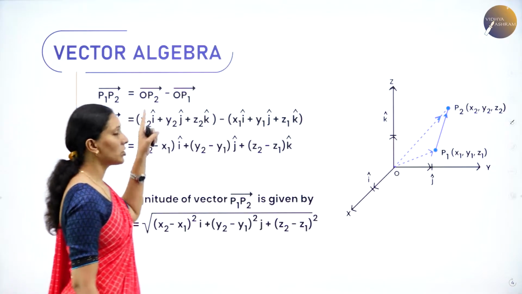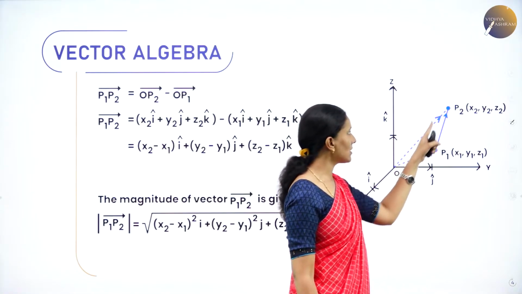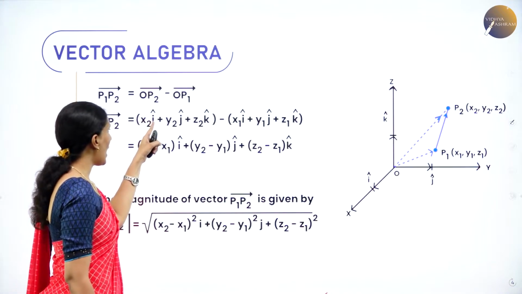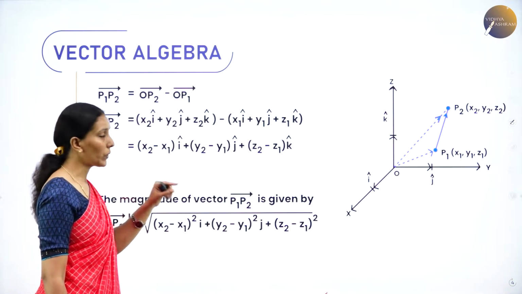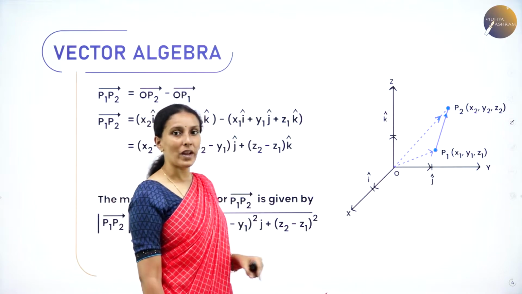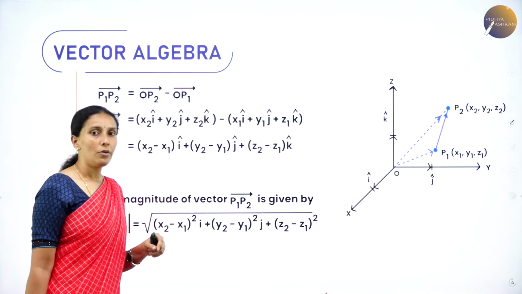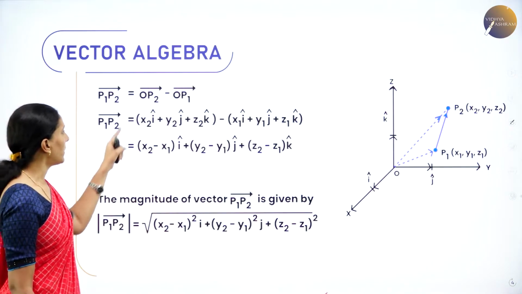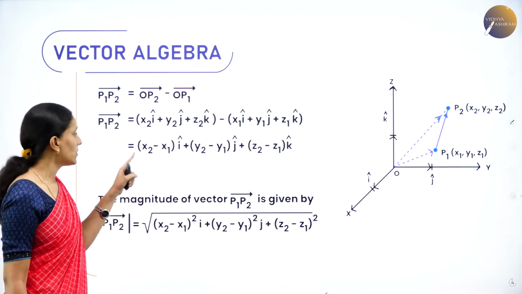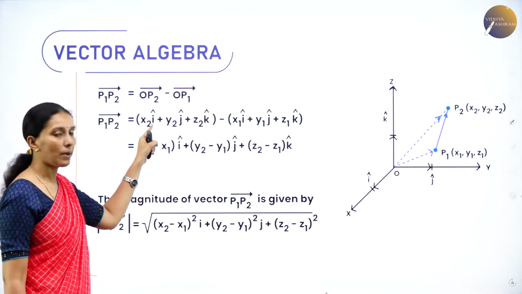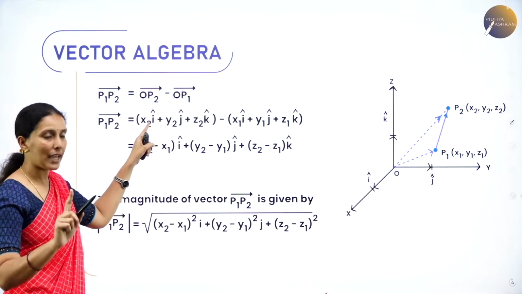Now what is the position vector OP2? That is, the point P2 can be expressed as x2i plus y2j plus z2k, and OP1 is x1i plus y1j plus z1k. Now using the properties of vector addition, we can write here x2 minus x1. So you have to subtract the components of the same type.